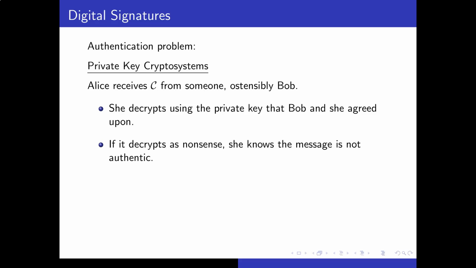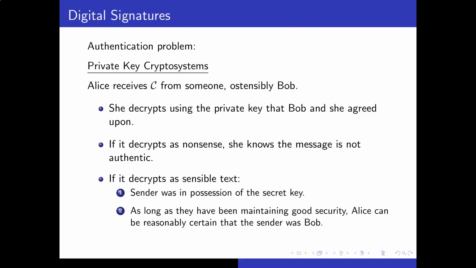Okay, so if it doesn't decrypt into something sensible, then she knows the message is non-authentic. She knows that somebody is impersonating Bob. All right, on the other hand, if it decrypts as sensible text, then the sender had to be in possession of the encryption key, which is private. So, as long as they've been maintaining decent security, Alice can be reasonably certain that the sender was Bob. Knowing the private key is an authentication of the sender.